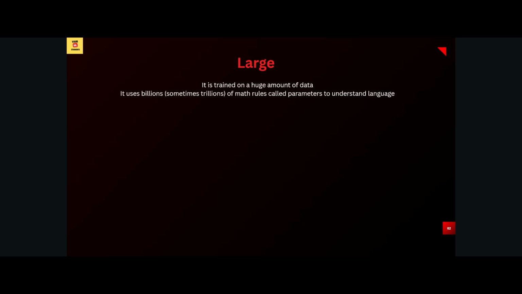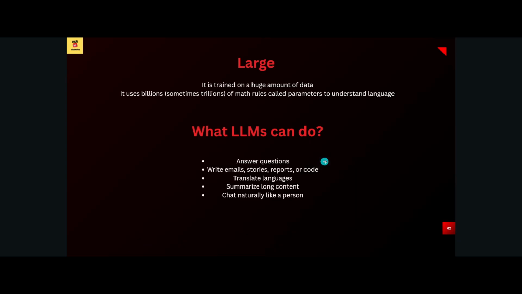We call these parameters. And now the last question, what can LLMs do? It can do multiple things like answering questions, it can write emails, stories, reports or code, it can translate different languages, it can summarize your long paragraph, or it can talk to you like a person.